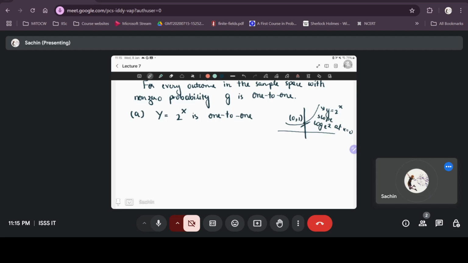Even in that case, it's a one-to-one function. Therefore, h of x is equal to h of y.